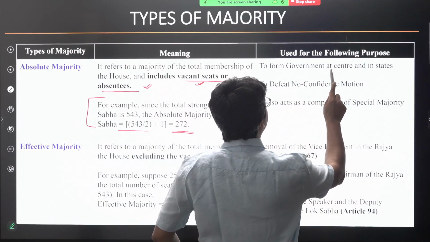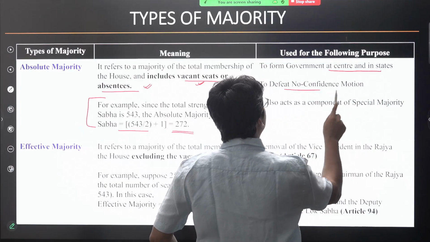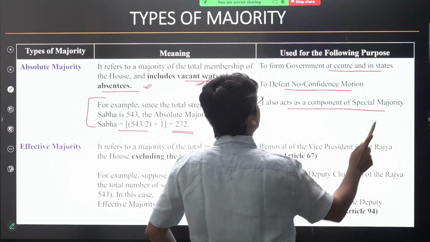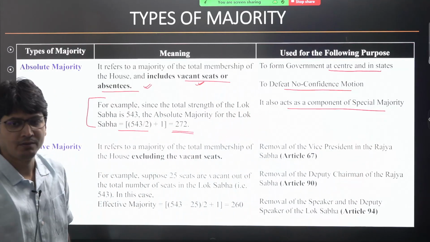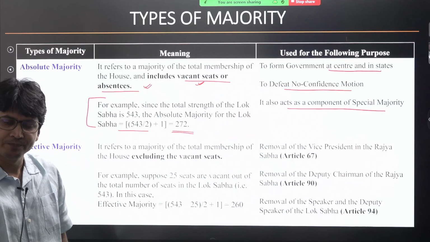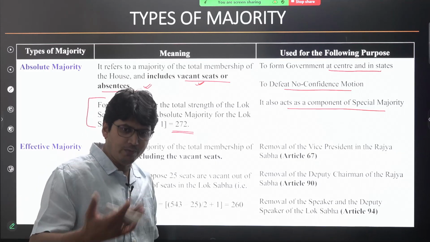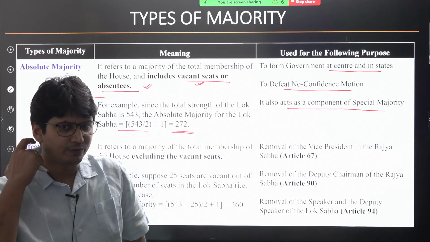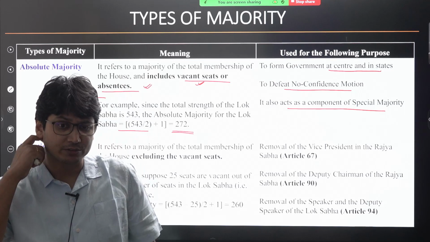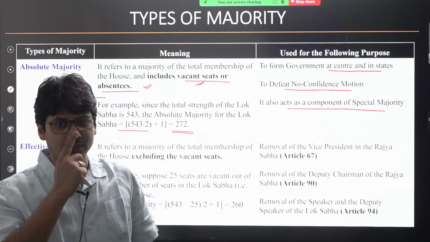To form the government at the center and in states, to defeat a no confidence motion, and it also acts as a component of special majority. Are you following absolute majority? So you'll remember next time: formation of government and defeating a no confidence motion require absolute majority.